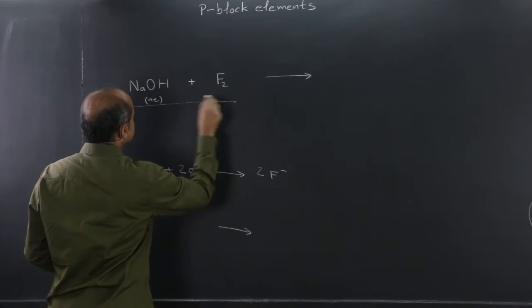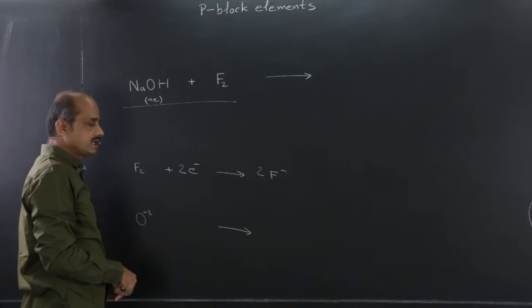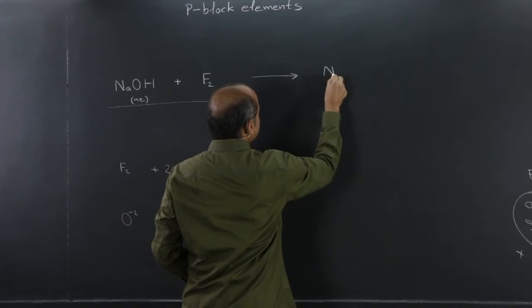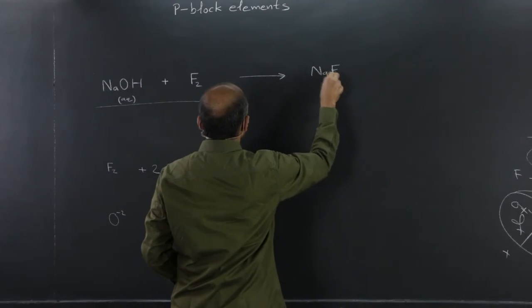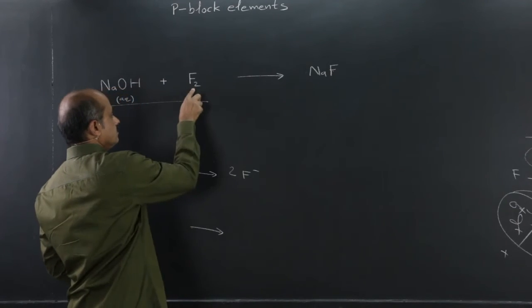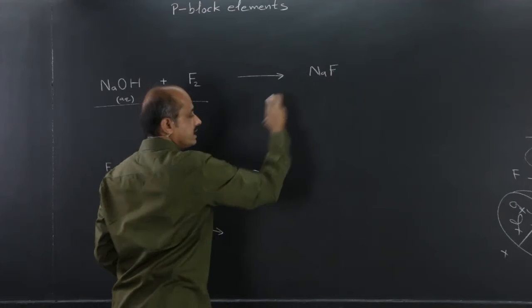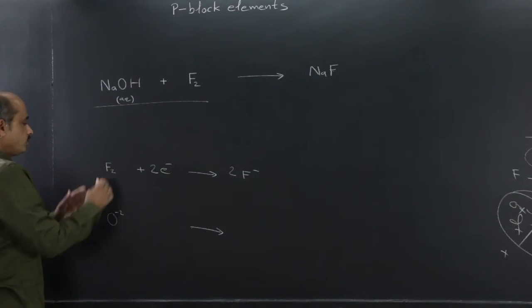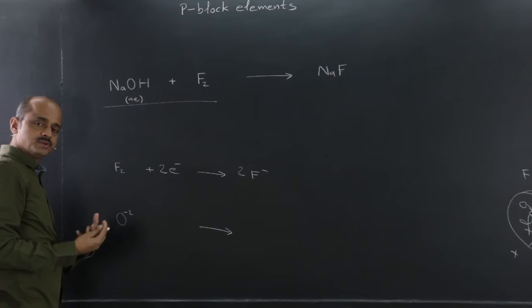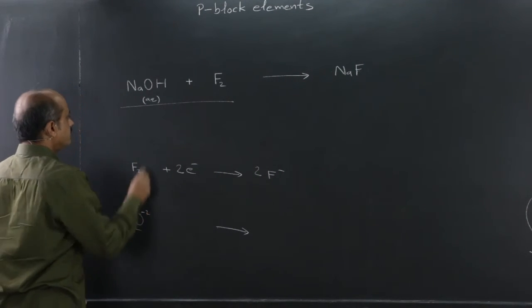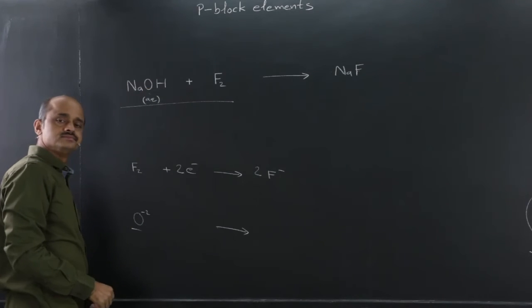Now, NaOH, when reacted with fluorine, fluorine gets converted into fluoride, therefore the product will be NaF. If both the atoms take part, it will be 2 NaF, coefficient will be 2. Let us see. If fluorine has accepted, there should be some species which has donated electrons. It will be oxygen from NaOH.